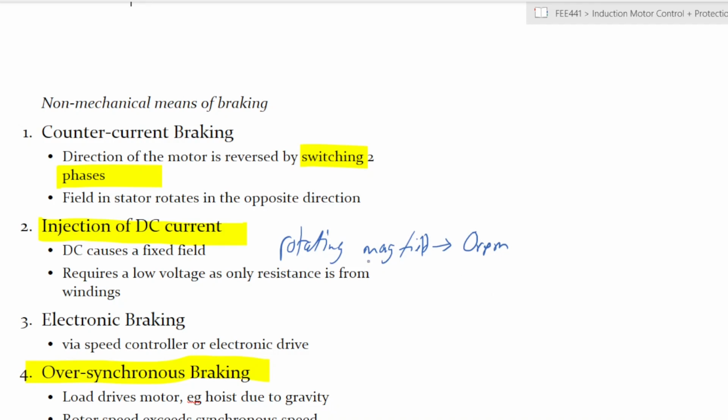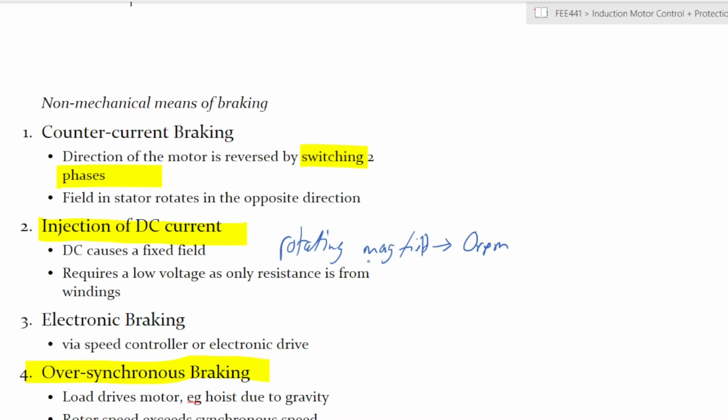And this means that the difference in relative motion between the rotor and the rotating magnetic field is so great that it tends to reduce to zero. Remember that during the operation of an induction machine, the rotor is always trying to catch up, in quotes, to the speed of the rotating magnetic field.